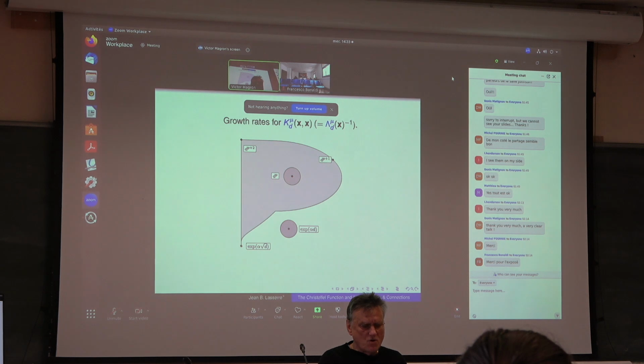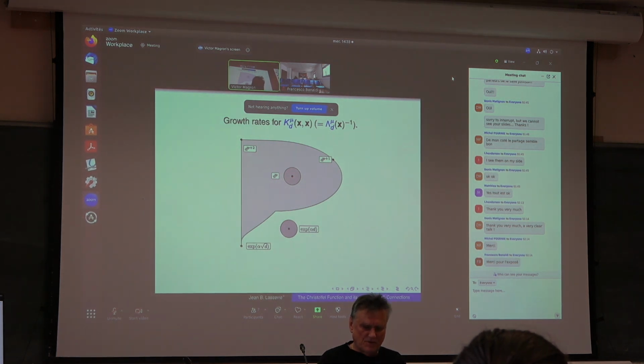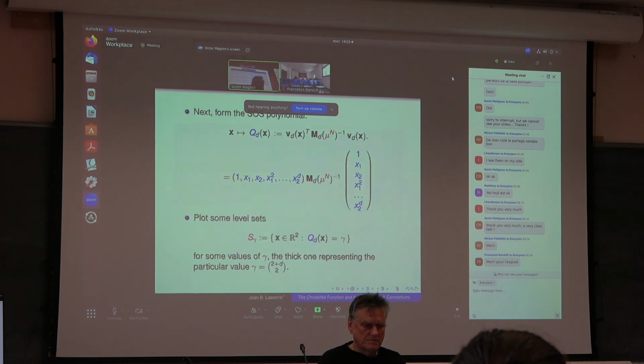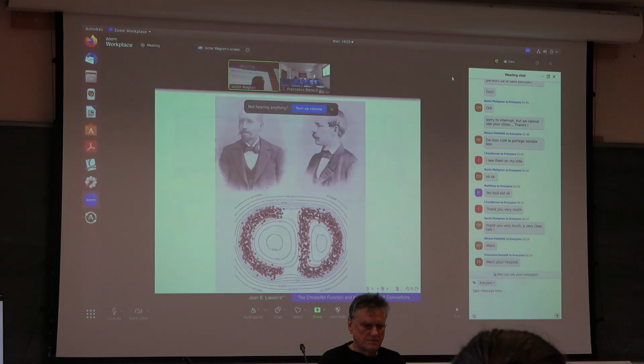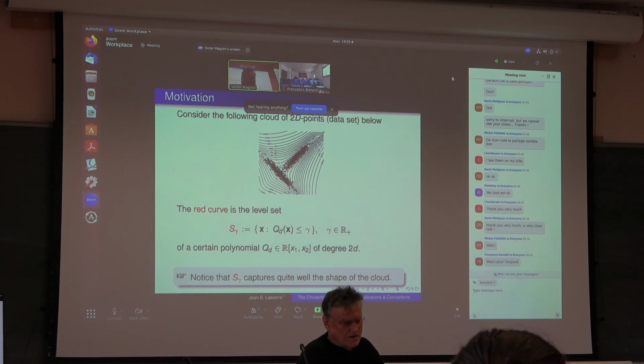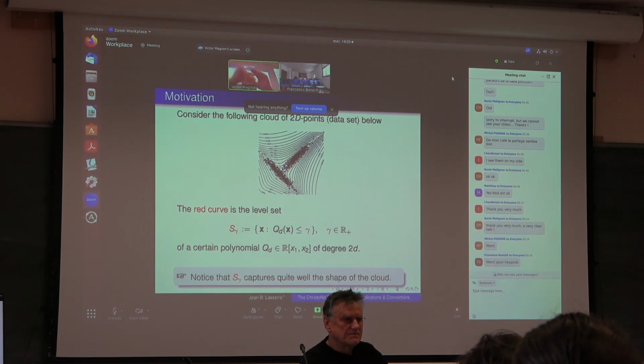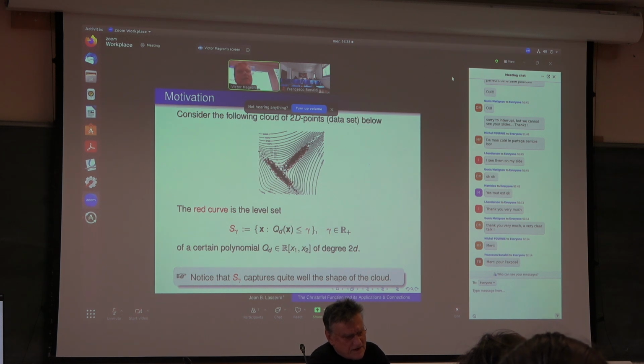Okay, so why does it explain what we have seen before? Here the set omega is just this T rotated, right? And look at this set S gamma. You fix a d, say d sufficiently large, and you look at this level set.